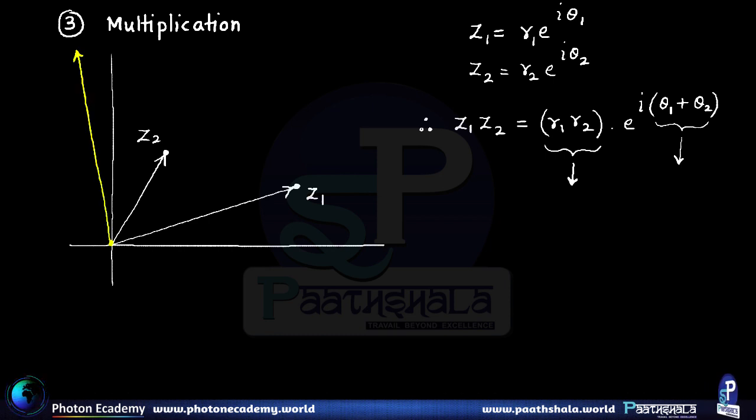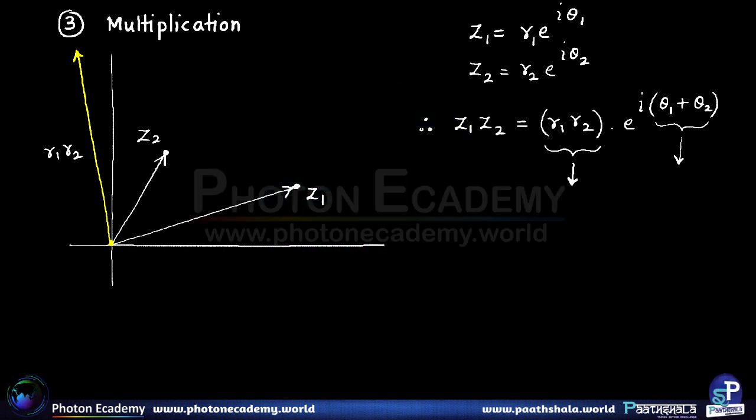It is only approximation. So the magnitude of this particular complex number will be equal to product of r1 and r2, and the angle will be equal to theta 1 plus theta 2. So if you see, the angle of z2 is theta 2 and angle of z1 is theta 1. So therefore this full angle will be nothing but theta 1 plus theta 2.